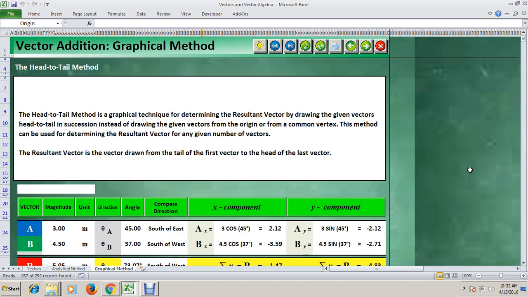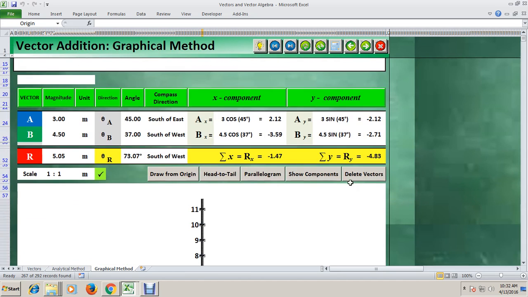This method can be used for determining the resultant vector for any given number of vectors, unlike the parallelogram method, which is only used for two vectors at a time. With the head-to-tail method, you can use this method for any given number of vectors, two or more. The resultant vector is the vector drawn from the tail of the first vector to the head of the last vector. So let us illustrate that.